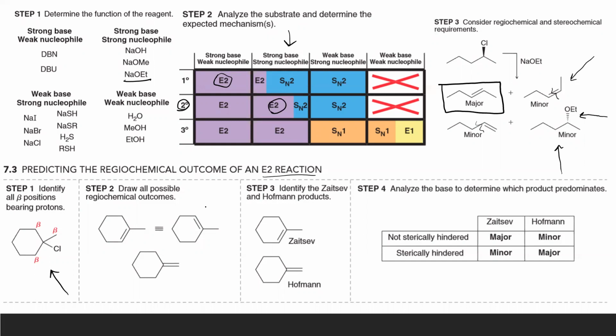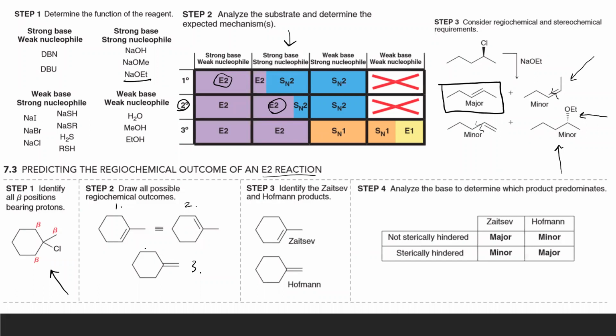In this case, these two, 1 and 2, are actually identical, but you also could get this product down here, which is going to be your Hofmann product, your less substituted product. And that would be produced if a bulky base was used versus a non-sterically hindered base.